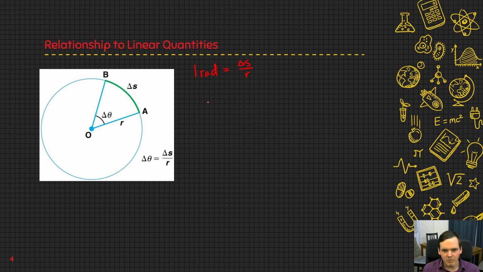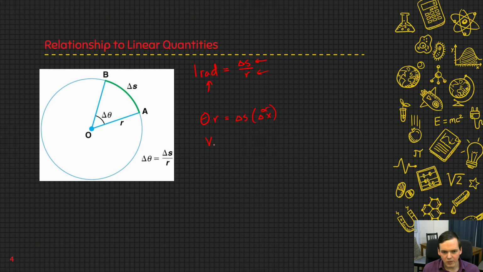And so what that ends up meaning, for all intents and purposes, is that the angular quantity is equal to the linear quantity divided by R. Or in other words, theta times R is equal to delta S, or delta X in this case.